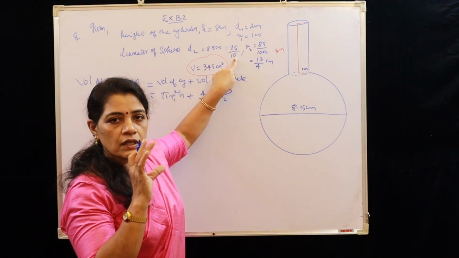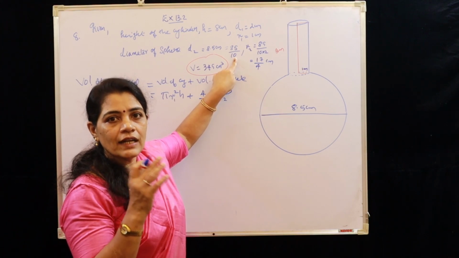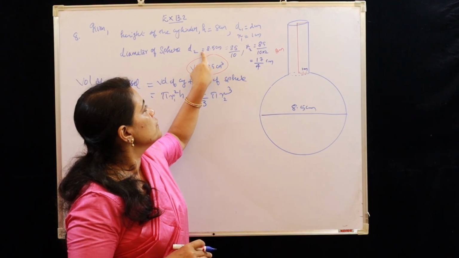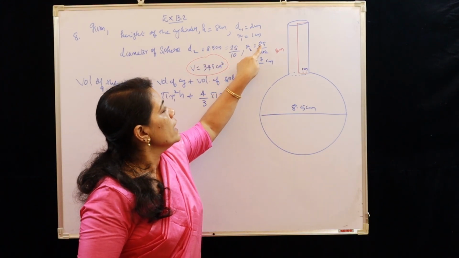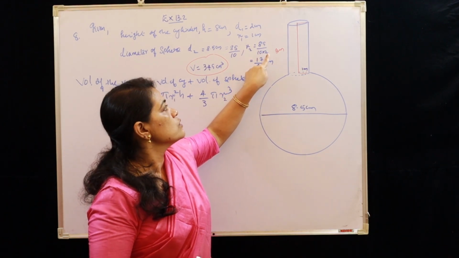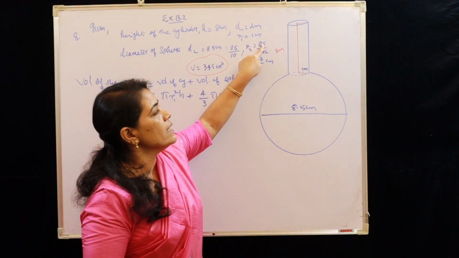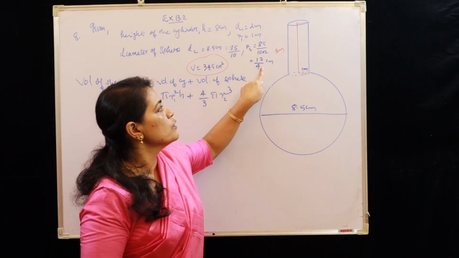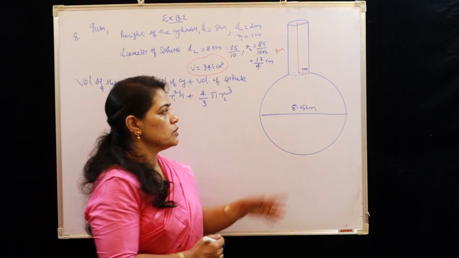To eliminate the point, we multiplied and divided with 10, so we got 85 by 10. In order to take its half to get the radius, 85 by 10 into 2, so 20, you can divide with 5, so 2 and 17, 2 twos are 4, 17 by 4 is the radius of the spherical part.